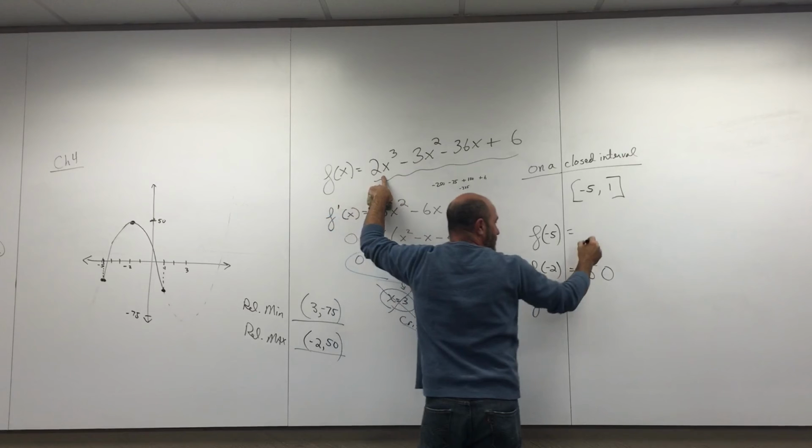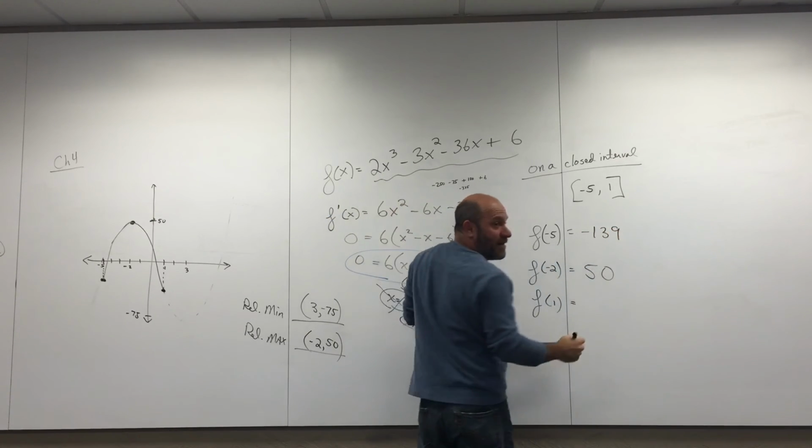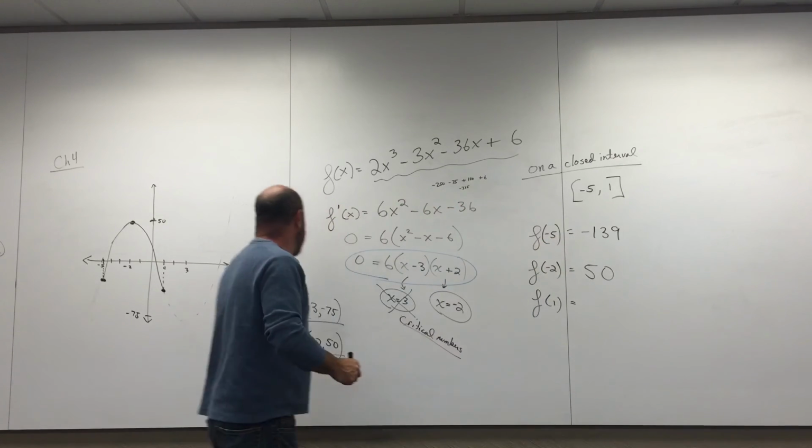What'd you get? Negative 139. Is that what you said? Yeah. Awesome. So at negative 5, the answer is negative 139.